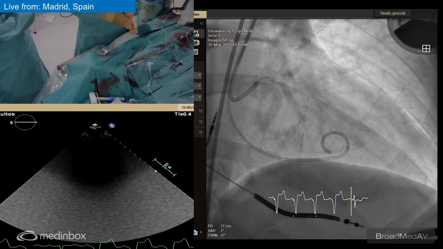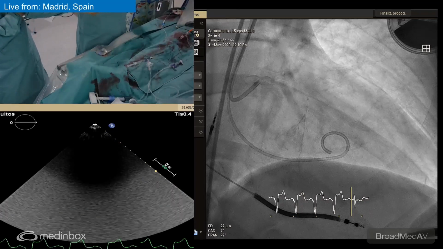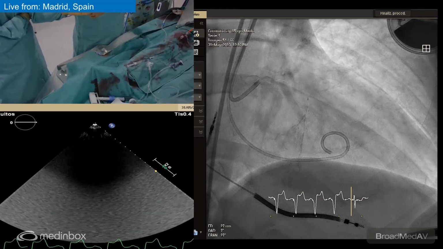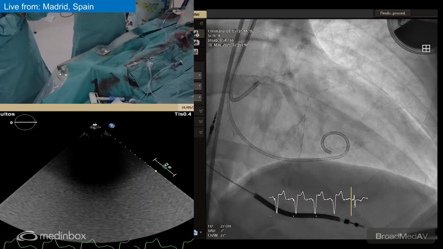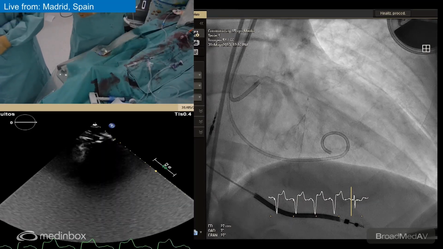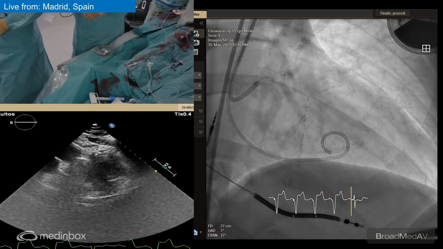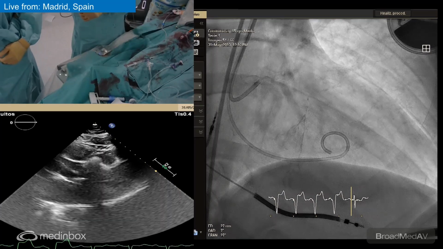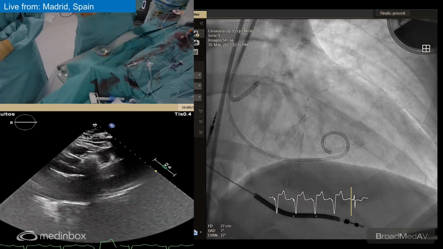When the patient has no permanent pacemaker, you have to insert a temporary pacemaker just in case you see some transient blocks with the injection of alcohol. We were waiting for the effect of fentanyl.